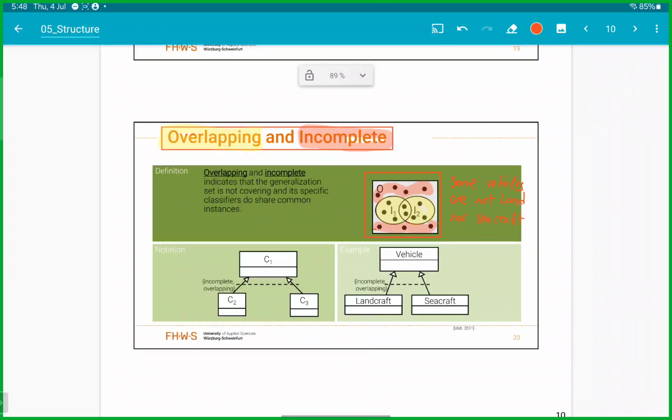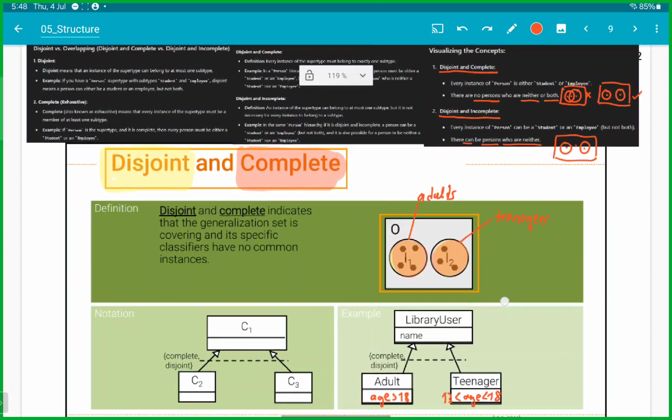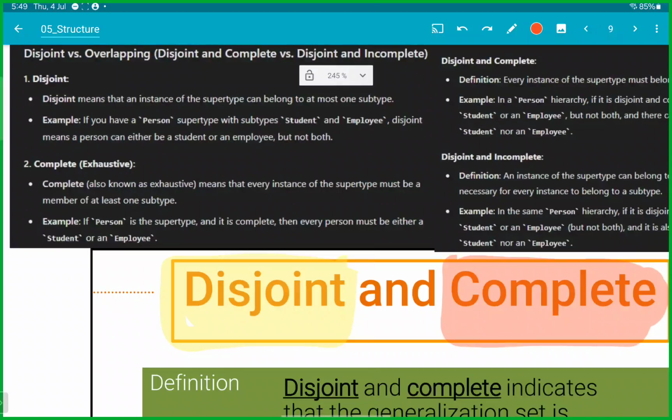So if we go back to what we talked about in the early beginning, the definition of disjoint means that an instance of the supertype can belong to at most, not at least, it's the opposite of at least, so at most one subtype. So disjoint means every member of a superclass belongs to at maximum one subclass.